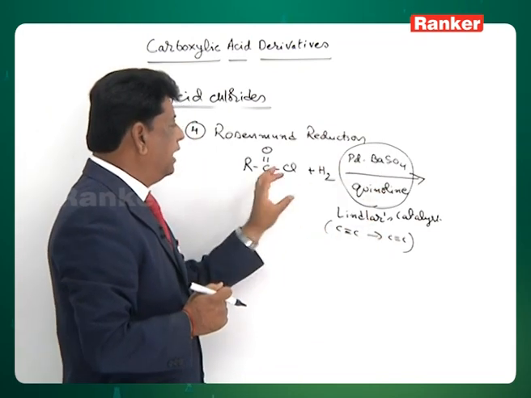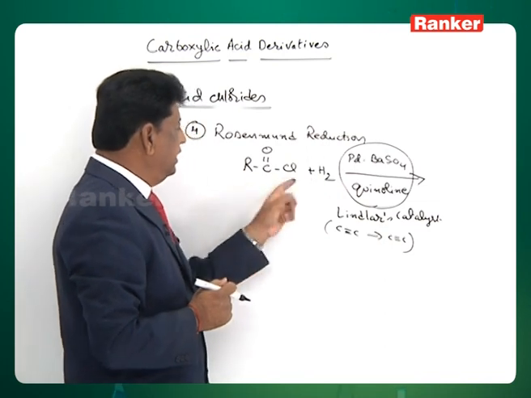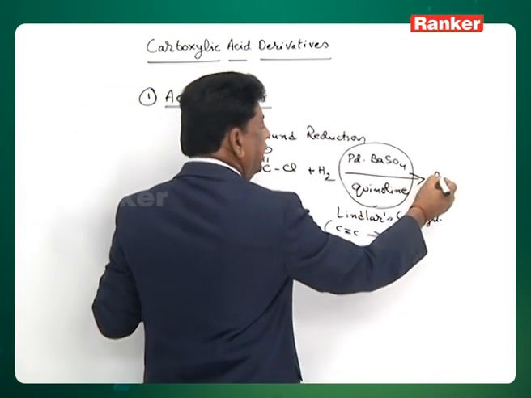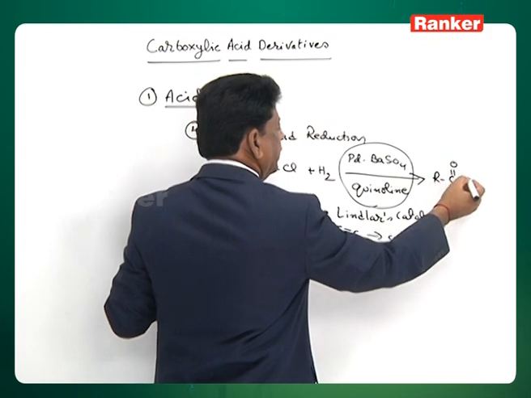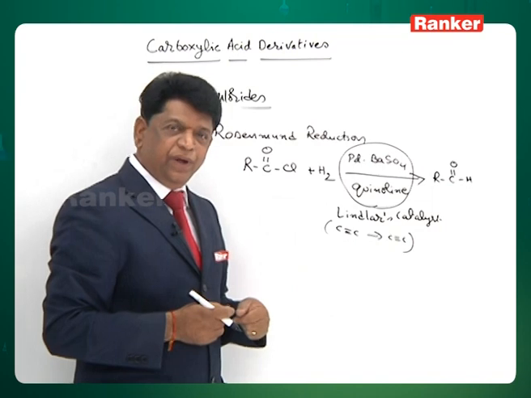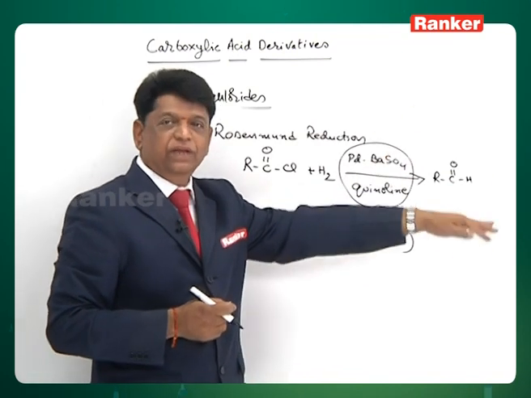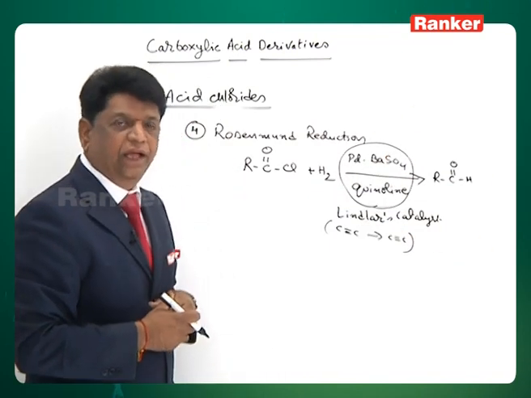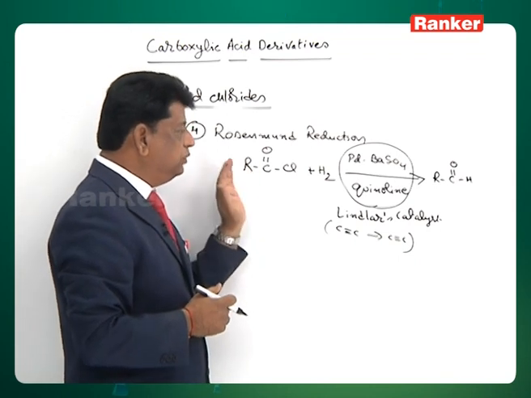The same reagent I am using here, but converting the acid chloride into the aldehyde. Here also the question comes: the aldehydes are more reactive to undergo further reduction to give the alcohols, but the reaction is so specific.